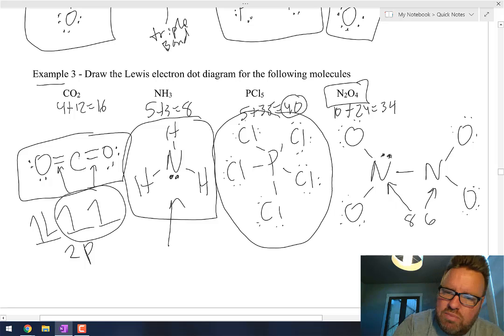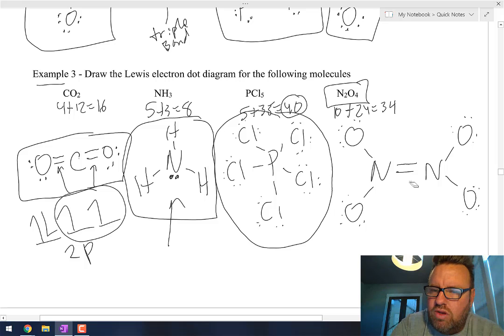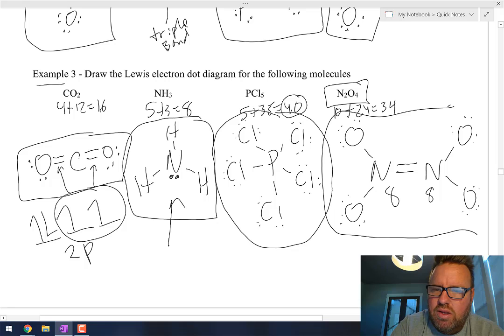A real simple solution is to take those 2 electrons that we put on that nitrogen and put them in between the 2 nitrogens, and now both nitrogens have 8. So now we are done. That is the complete Lewis electron dot diagram of N2O4.